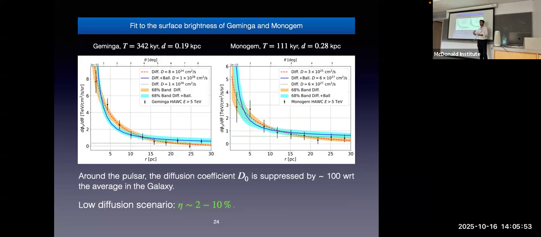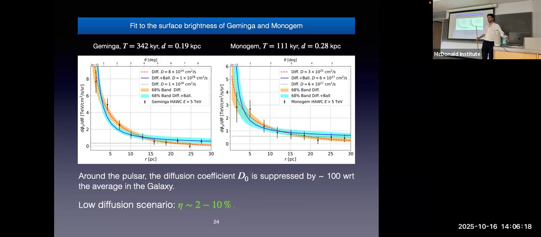So on this random path they tend to be more trapped close to these pulsars, and they struggle to actually escape away. How can you obtain such an effect? It means that the properties of the magnetic field local to the pulsar environment are very, very different from the properties of the magnetic field in the rest of the galaxy.